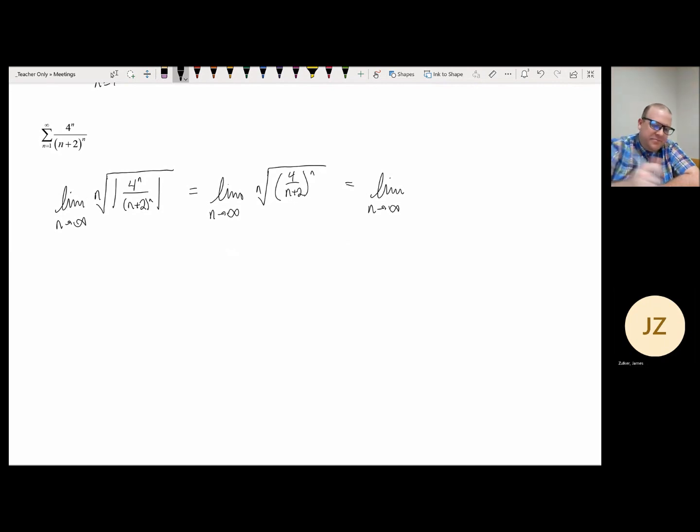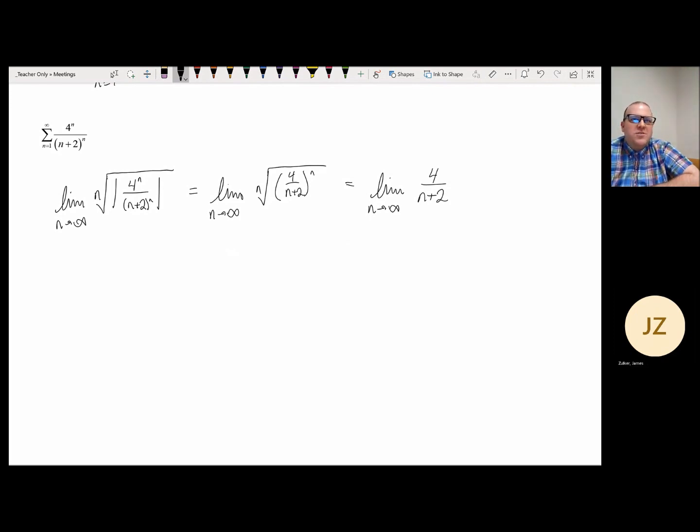We can now write this. And again, only because we know that 4 over n plus 2 is always positive. Otherwise, there'd be absolute values in there. Square root of x squared is the absolute value of x. The fourth root of x to the fourth would be the absolute value of x.